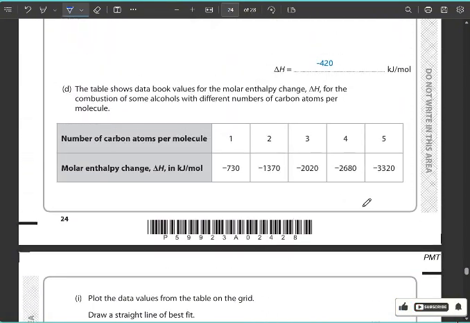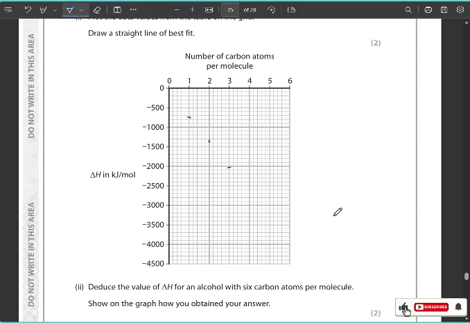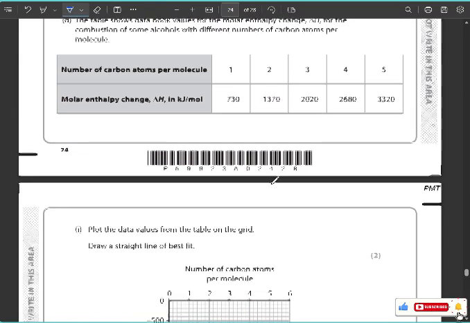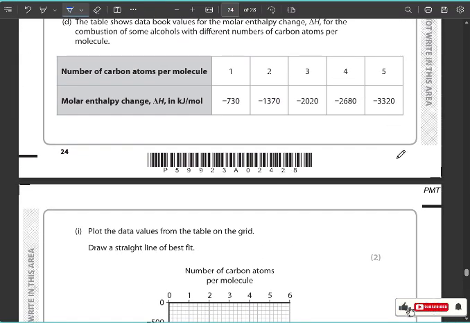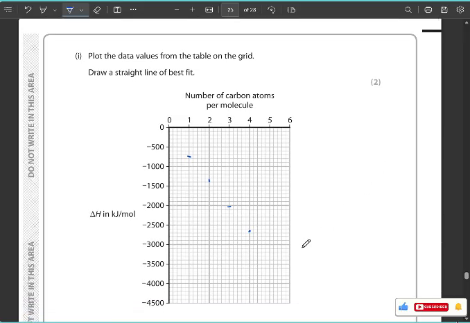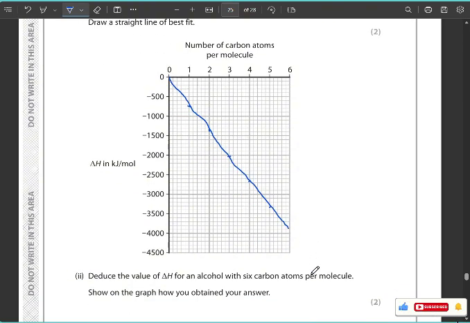The next one is minus 2680. The next one is minus 3320. Okay, the best fit line.